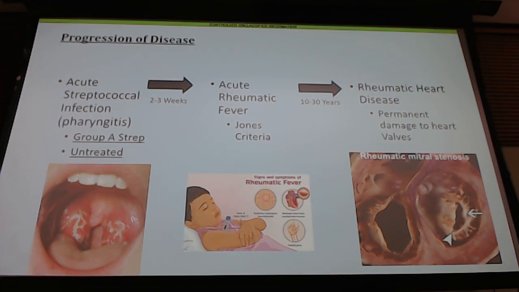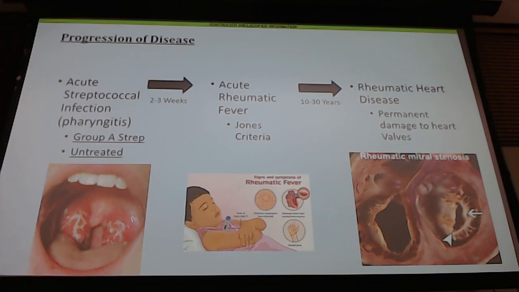Think of this as a continuum of strep throat infections, or a group A strep infection, okay? What happens is a child gets a strep throat infection, which, just think about how common that is, even in our society, right?